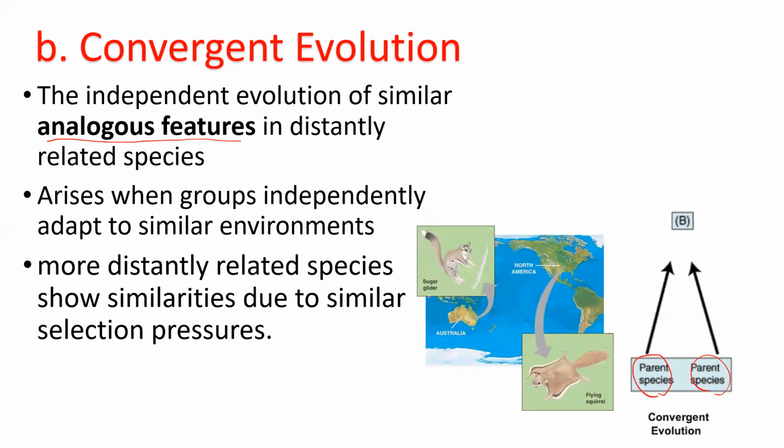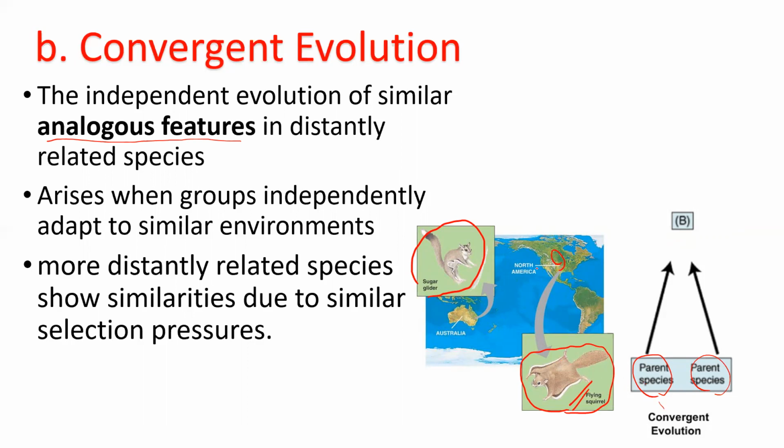So take a look at, for example, a sugar glider in Australia. It looks very much like the flying squirrels we see in Edmonton if you go out for a walk at night in the river valley. Okay, they look very similar, but they have different ancestors. They're not closely related.